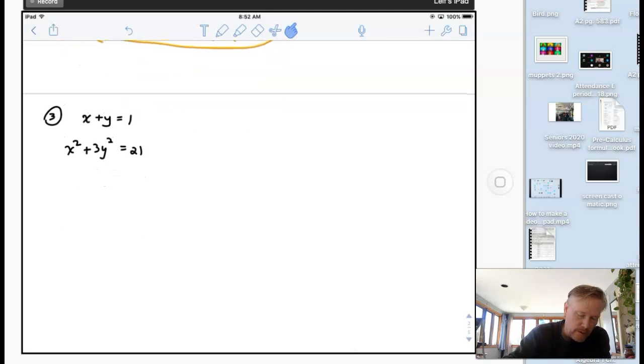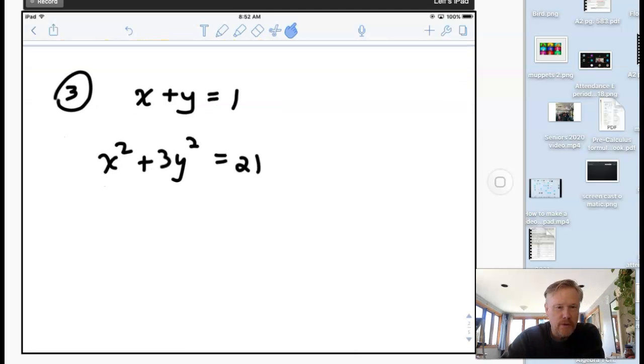Number 3. This one is a little bit trickier because I have both squared terms in the bottom equation. When you have this kind of setup, we're going to do it by substitution instead of elimination. If I take this top equation and isolate either the x or the y, I'm just going to subtract x from both sides and I get that.